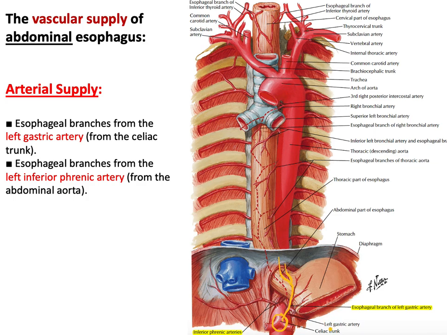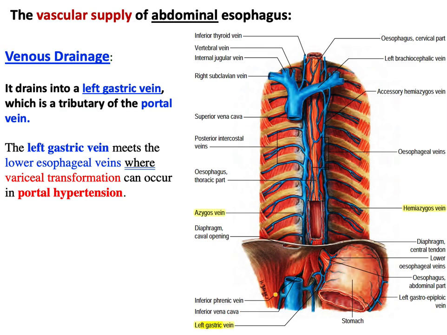So first from left gastric artery through the esophageal branch, and also you have the inferior phrenic arteries, the right and left. Here we are concerned with the left one, that also will supply. That means the left gastric artery and left inferior phrenic artery indeed supply the abdominal esophagus. So that was the blood supply, that was the arterial supply.